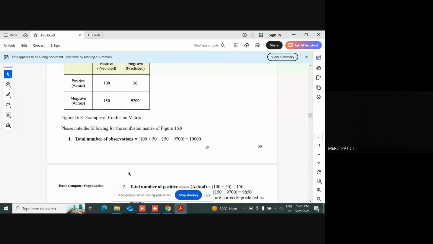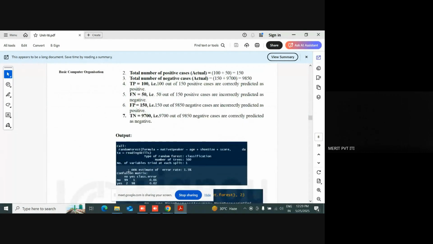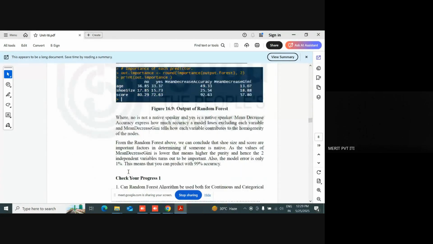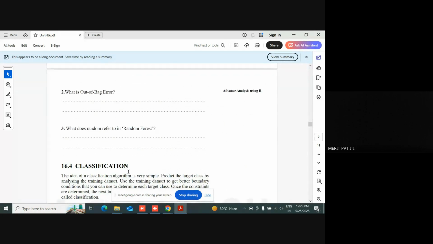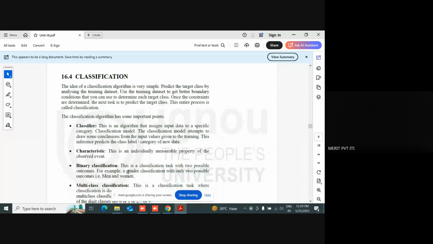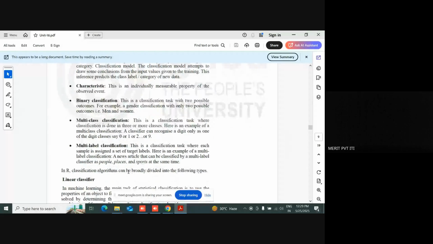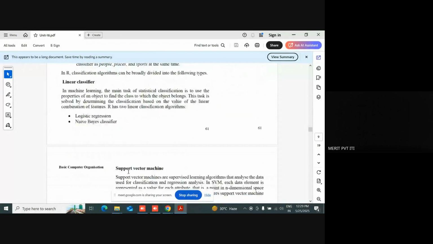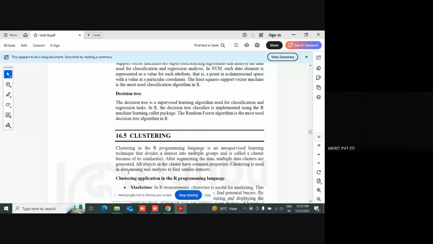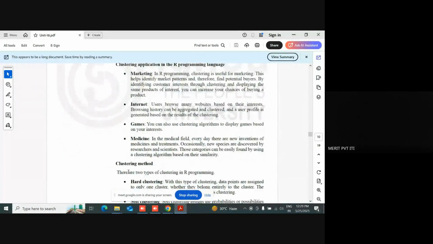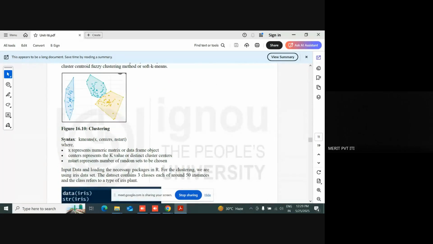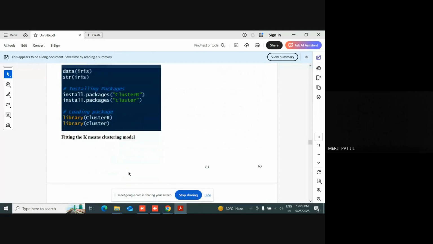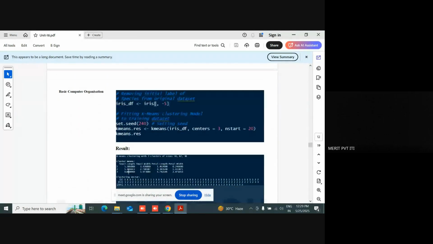So you see all the software is given, R programming software is all laid down here so that you can see classification. Again, classifiers, binary classification we have already done. So these are given here. So linear classifier, these are all software, clustering is done, marketing, internet, all of it is done and the software is given so that you can look at it.